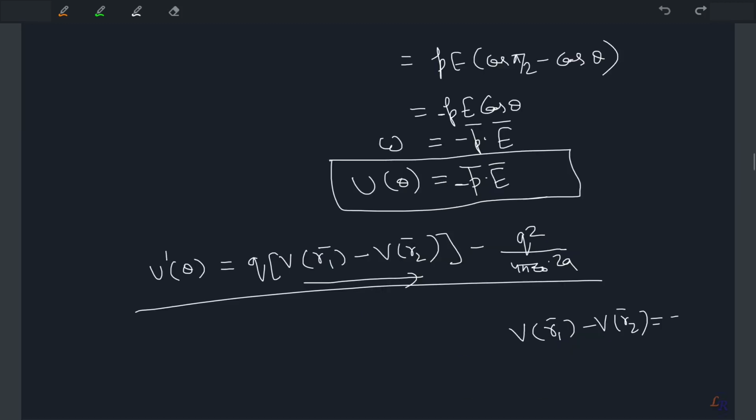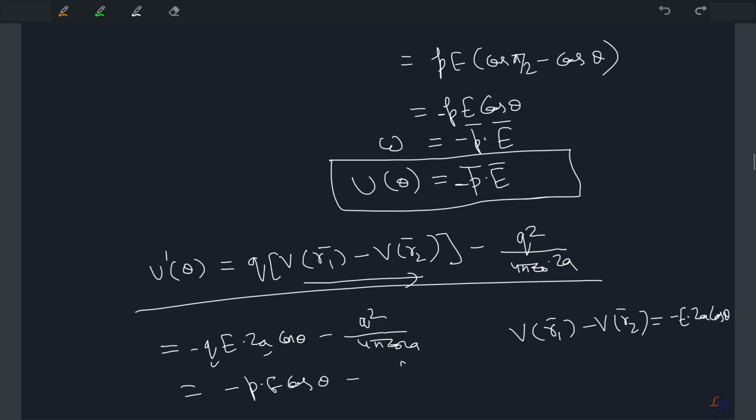Okay, so you can write the same thing here and then just place that in. So you get minus E into 2a cos theta, minus q square upon 4 pi epsilon 0 2a. Okay, so q into 2a becomes p, so you get minus pE cos theta. You got the same thing, minus q square upon 4 pi epsilon 0 2a.